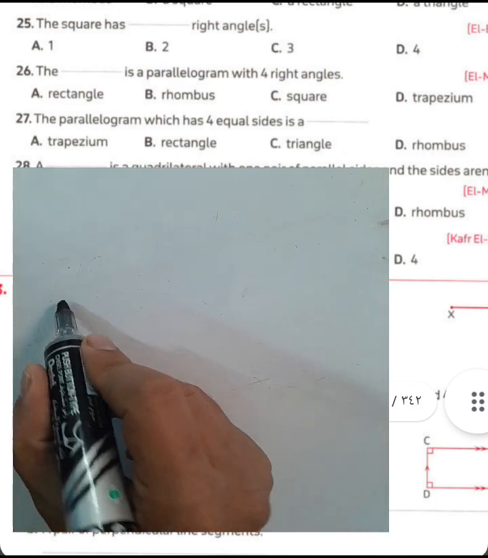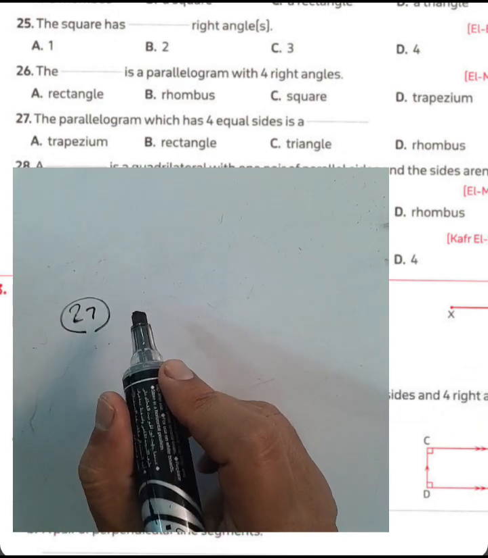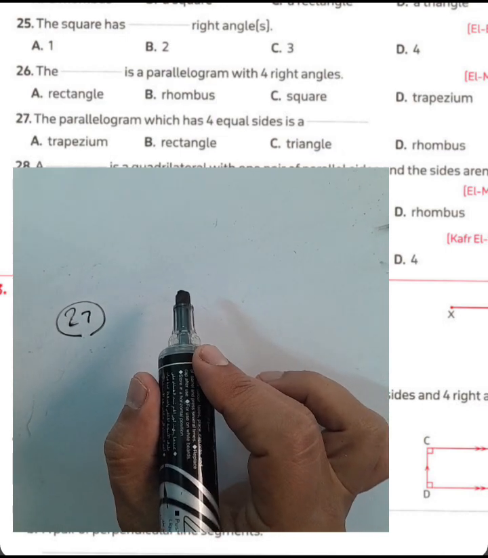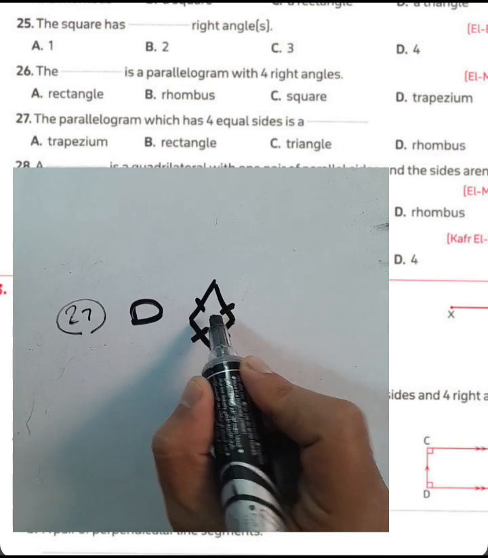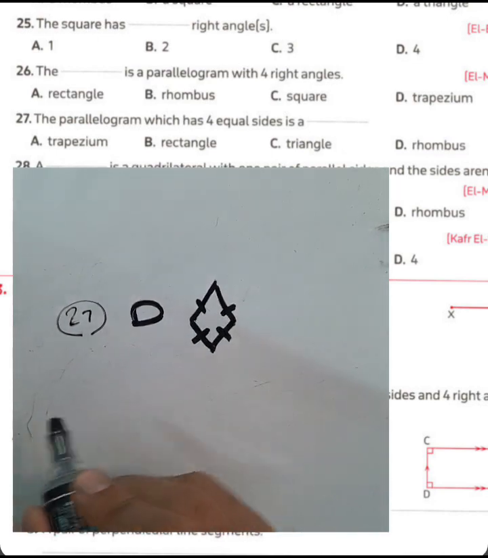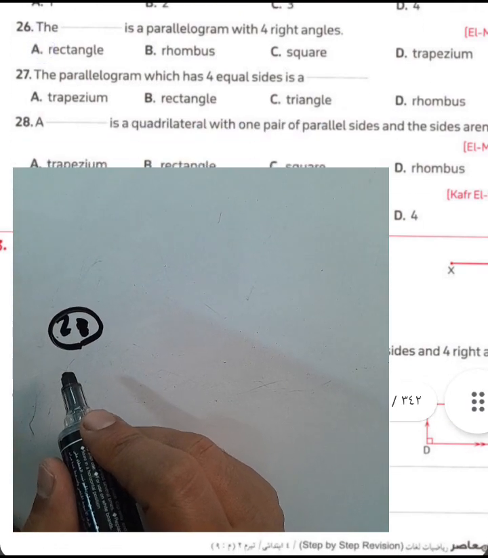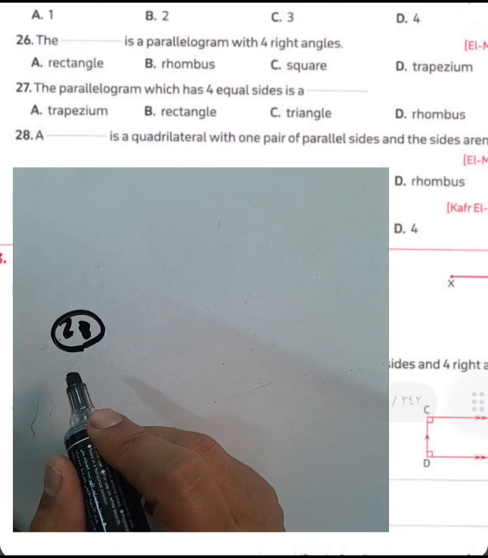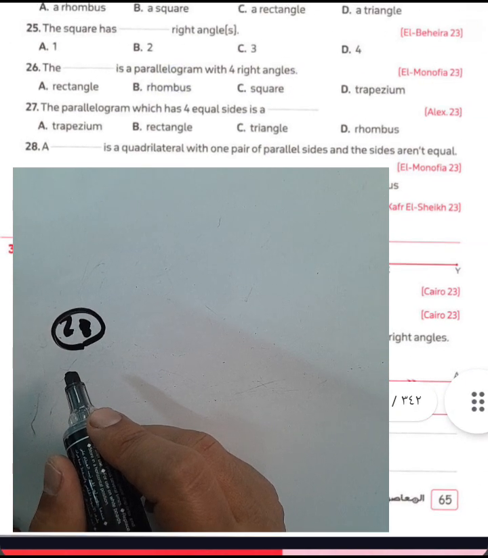Question 27. The parallelogram which has 4 equal sides, we call it a rhombus. The rhombus is a quadrilateral which has 4 sides of equal length. Question 28. A space is a quadrilateral with one pair of parallel sides and all sides aren't equal.